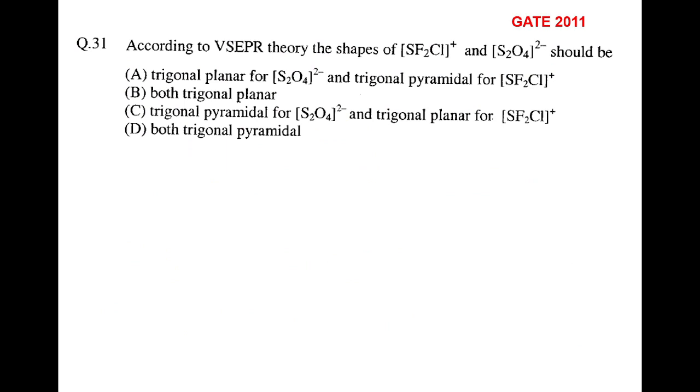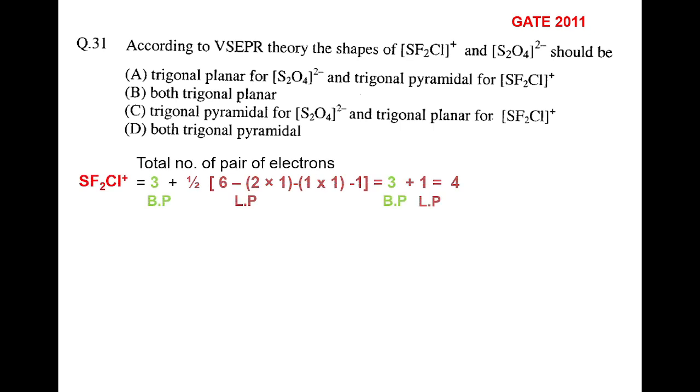According to VSEPR theory, shape of SF2Cl plus and S2O4 minus. This is thionate ion. So in case of SF2Cl plus, 3 bond pair, 1 lone pair. So the shape is trigonal pyramidal. But in case of thionate ion, here there is more than one central atom. This is a combination of two molecules and this is a linked compound.